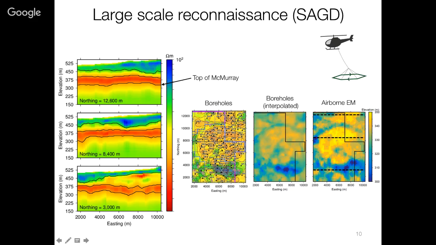Underneath here, there's what's called a McMurray formation, and it's really where the hydrocarbons are. So that's where the heavy oil is. And one of the things that you want to do is to find out, okay, where is this? How deep is it? So this is elevation, and you want to find that over the section.